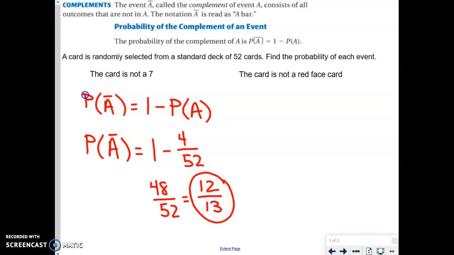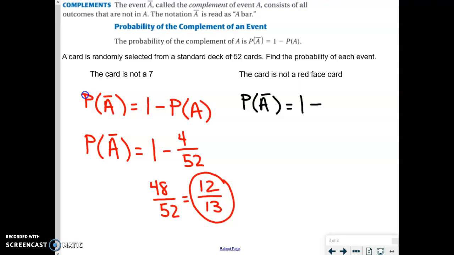The next one, the card is not a red face card, would be an example where we are looking for the complement, again, to that. So the card is not a red face card. What we'd have to look for then is that the probability of A bar is equal to 1 minus the probability that it is a red face card.